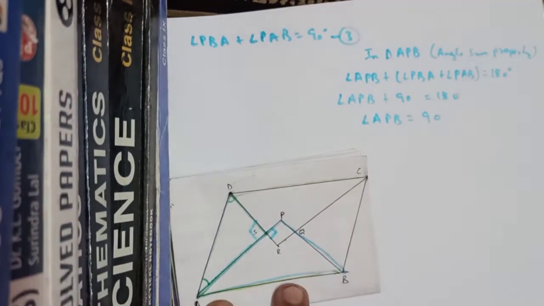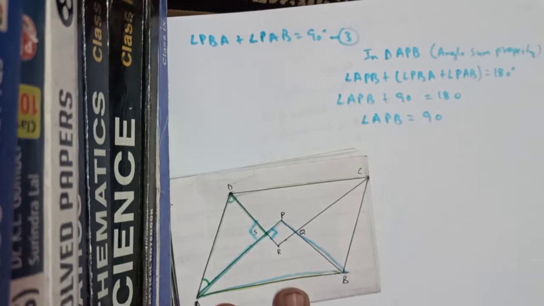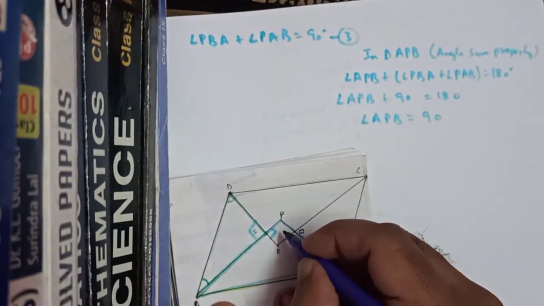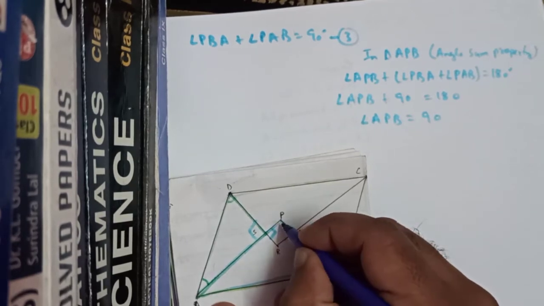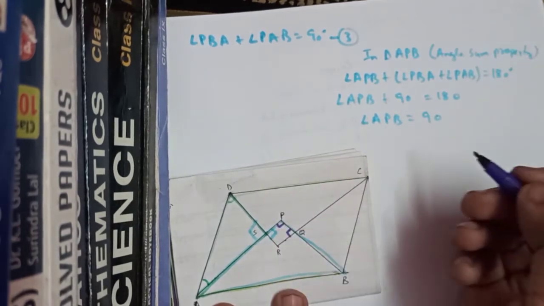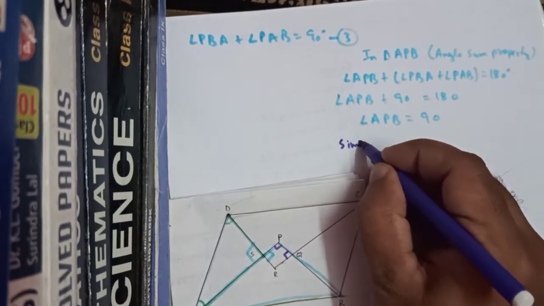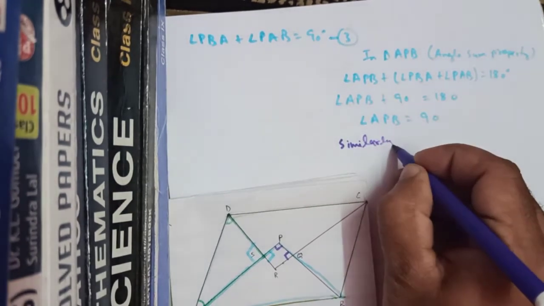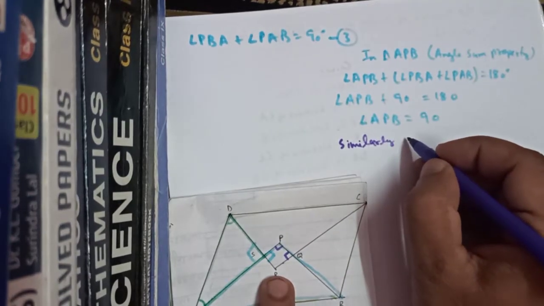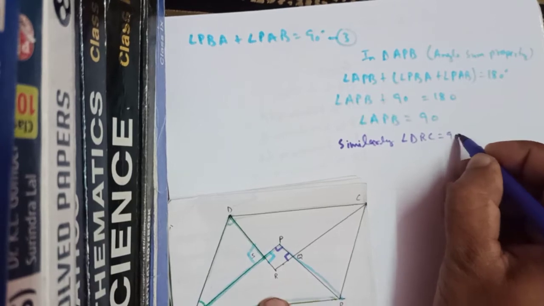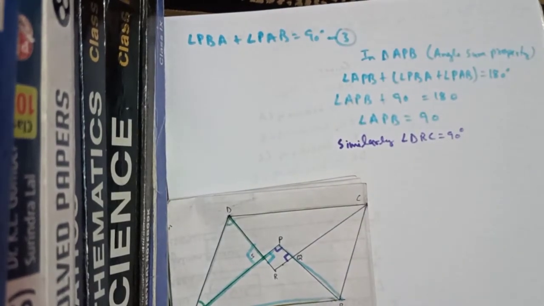Once we have calculated angle APB as 90 degrees, this angle is also 90. Similarly, angle DRC is also equal to 90 degrees. How?